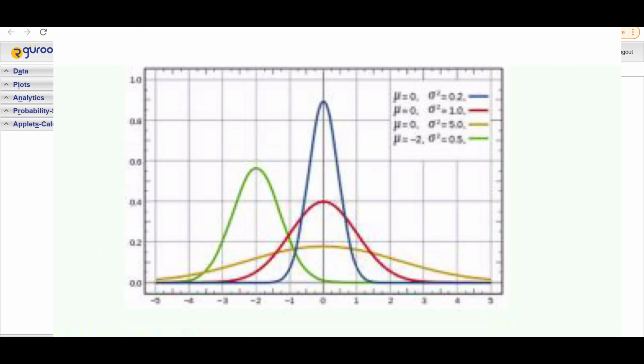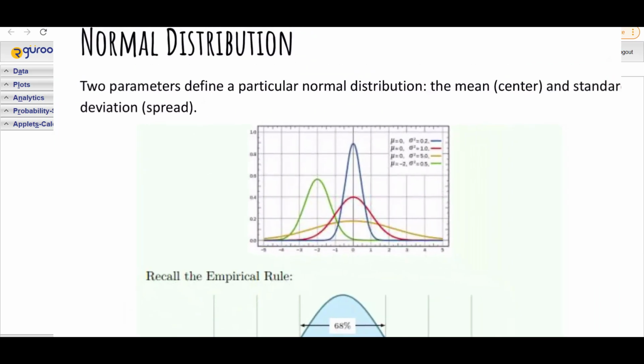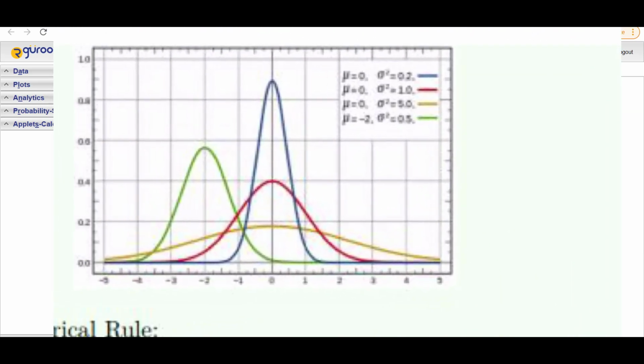So first, you'll notice that when the mean is 0 and the variance is 0.2, it is this curve here. So the variance of 0.2 has a smaller spread. The mean is in the center, it's 0. Now, keeping with the mean of 0, if you change the spread to 1, it's more spread out.